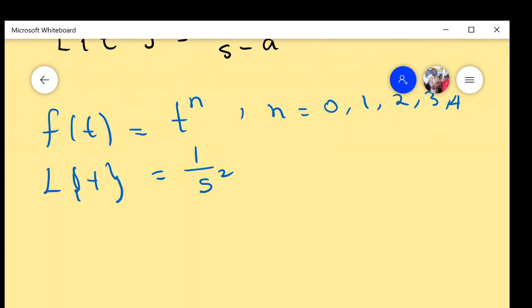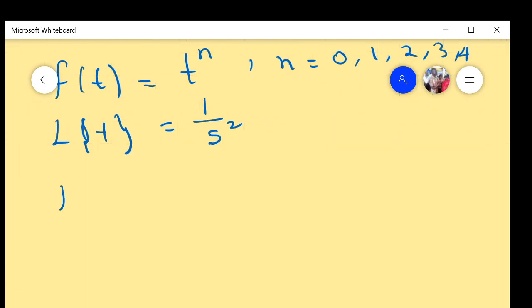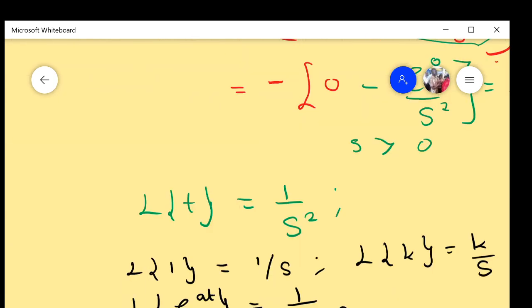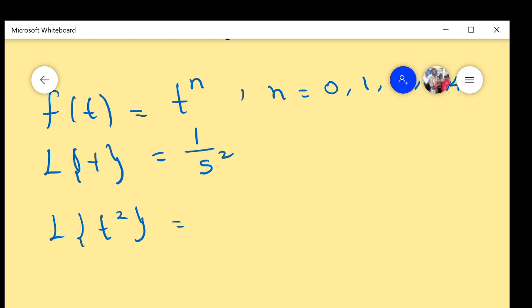If we take the Laplace of t squared, could you guess what we are going to get? By a similar method, if you go through the method we went through for t, your final result is going to be 2 over s cubed.